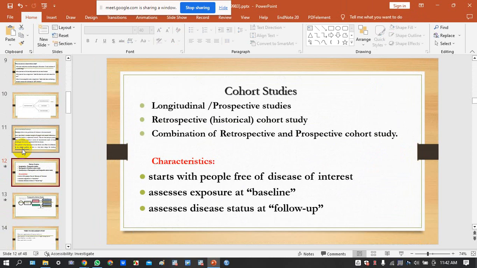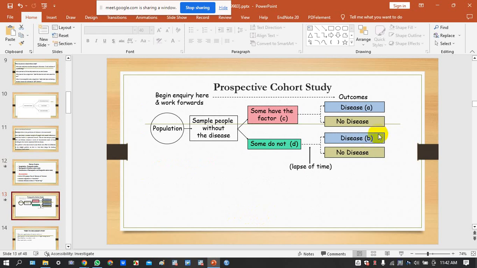So we assess exposure at baseline, or the predictors, the factors that cause the disease at baseline, and also assess the exposure status at follow-up. For a prospective cohort study, if you have a population, we have the sample without the disease.